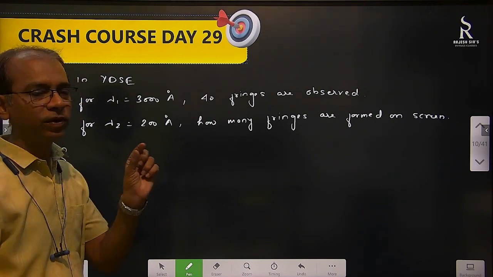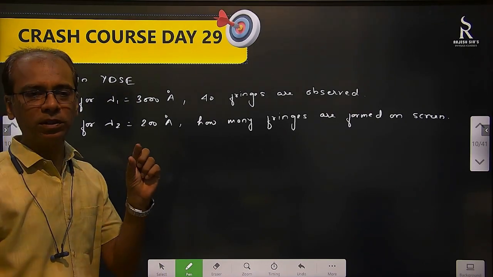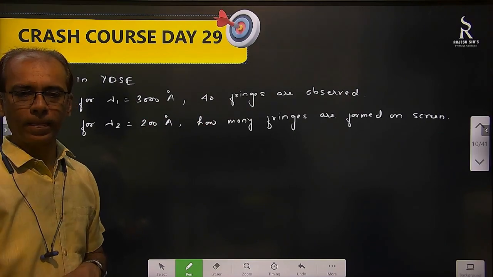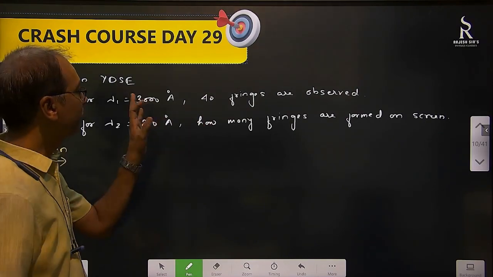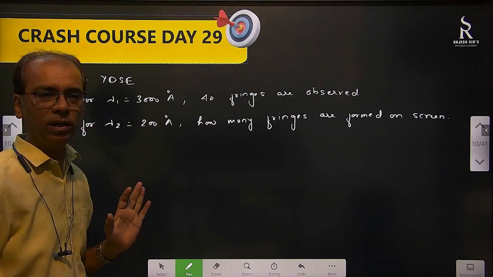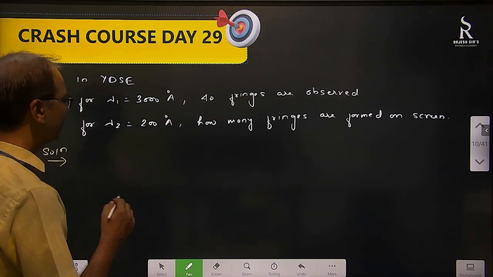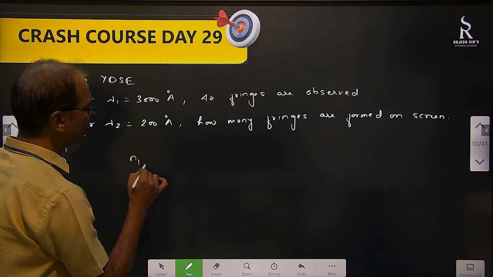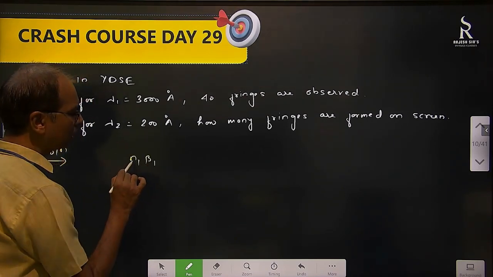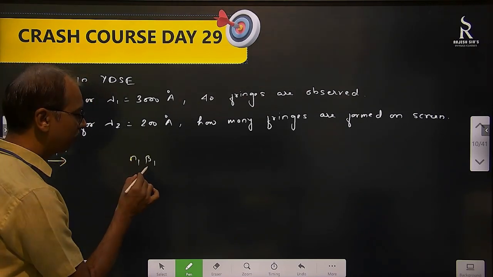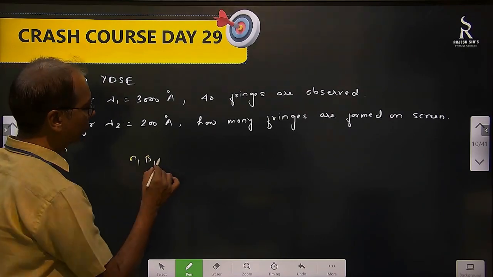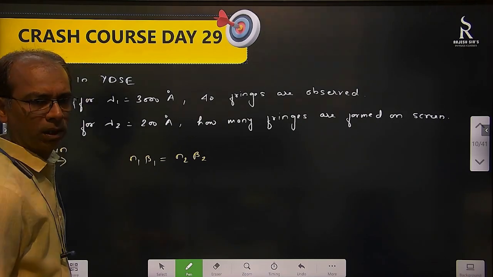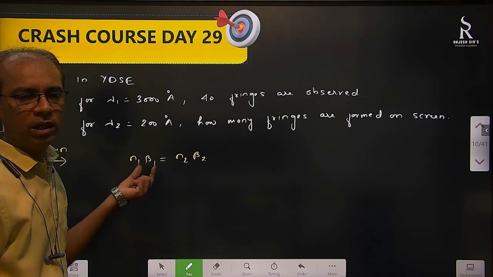And every fringe width is β. So 40 fringe widths of space is there. In that 40 fringe width space, how many fringes of this will be accommodated? So I will say n1β1 equals n2β2. Correct, no? Because each fringe width is β.